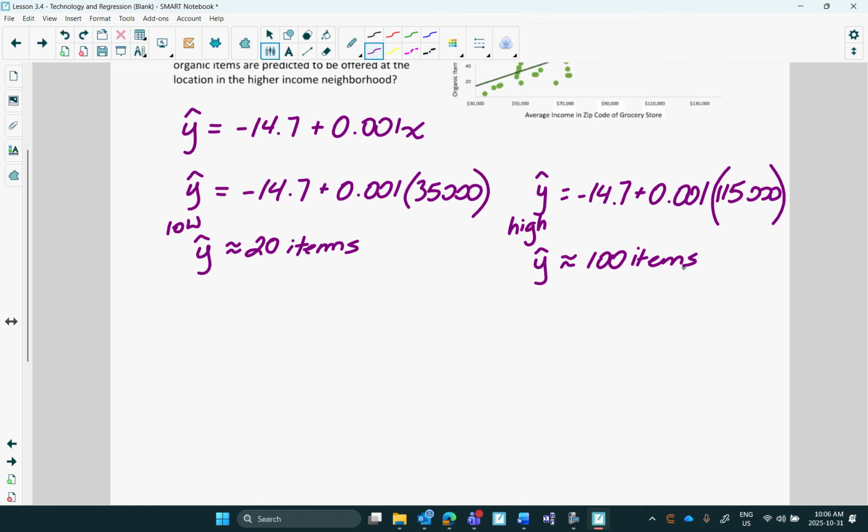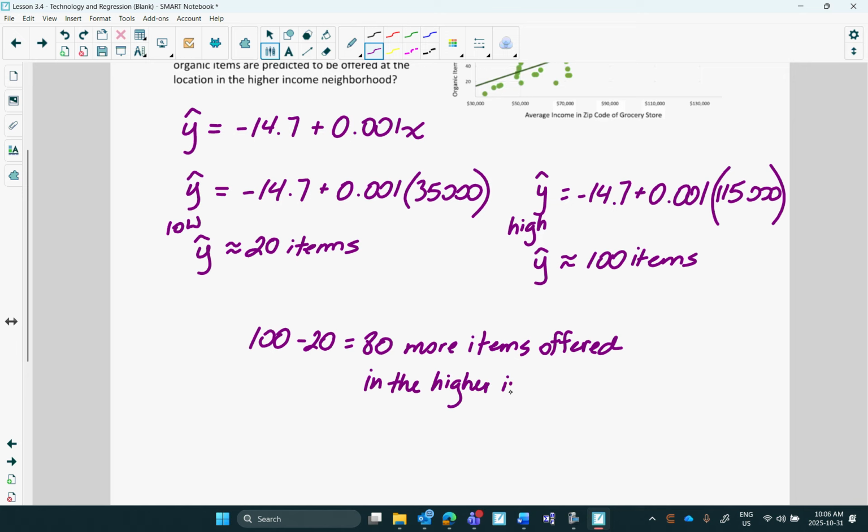Therefore, 80 more items will be offered in the higher income location.